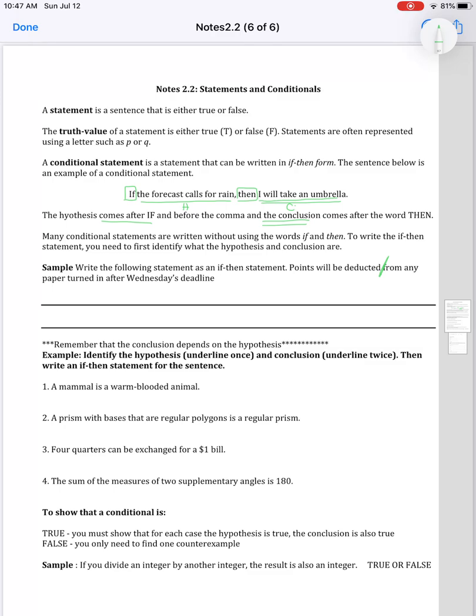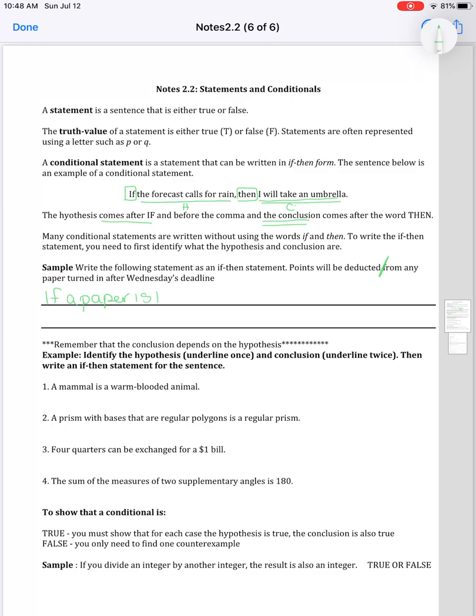So let's see, if we're going to make an if-then statement. So there's a bunch of ways, and it doesn't have to be written in the exact same order that it was originally given to you. So if we basically say, like, if points will be deducted, then any paper turned in after Wednesday's deadline, that doesn't really make sense. So what we're going to do is we're going to flip it a little bit.